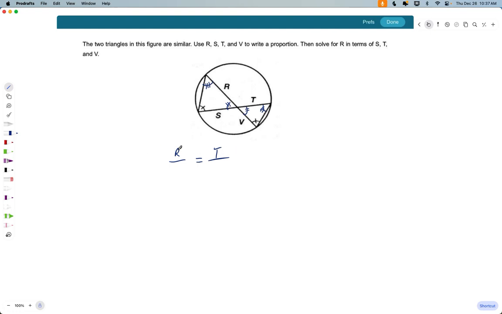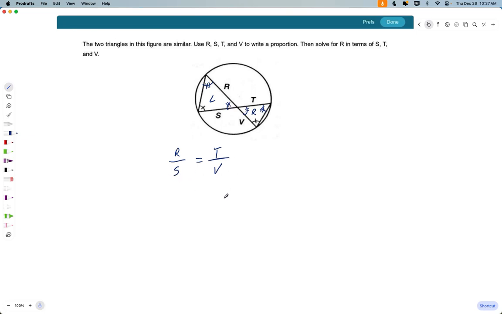So the same sides, and then S is angle 1 and 2, V is angle 1 and 2. So on the left triangle, we have R and S, and on the right triangle, we have T and V. So the left triangle, the right triangle, angles 2 and 3, angles 1 and 2.